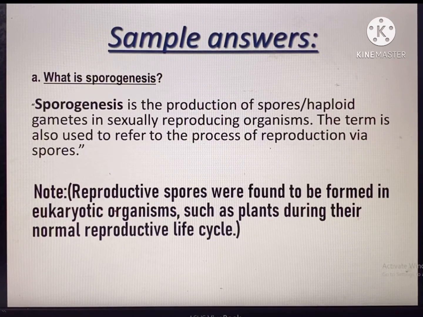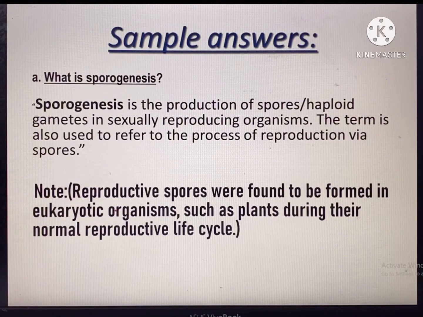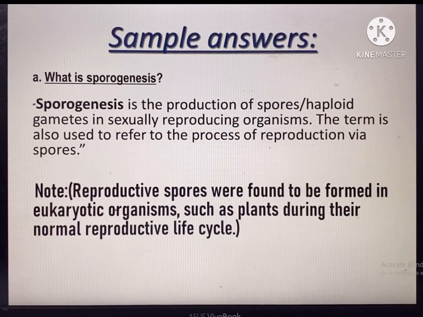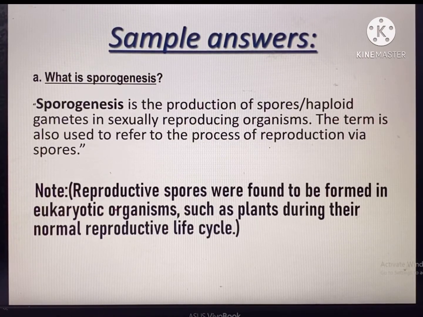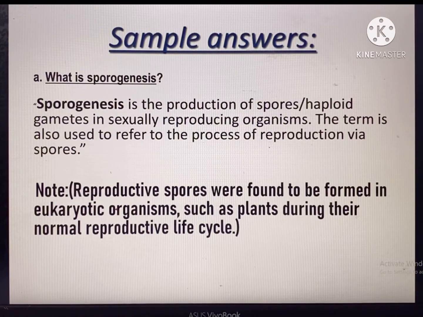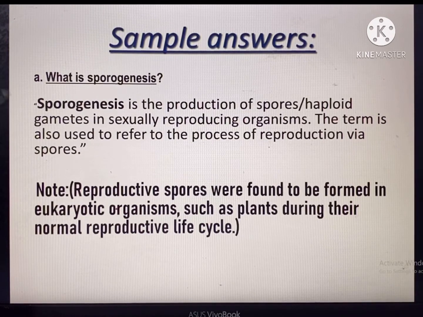Examples of eukaryotic organisms are plants, which during their normal reproductive life cycle produce male and female gametes for sexual reproduction. Plants also pursue asexual reproduction though. However, that's only a note to get more knowledge.